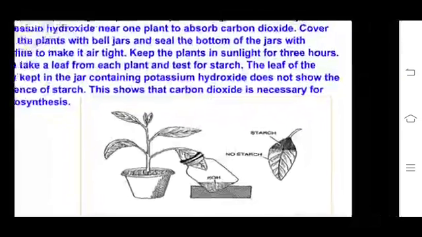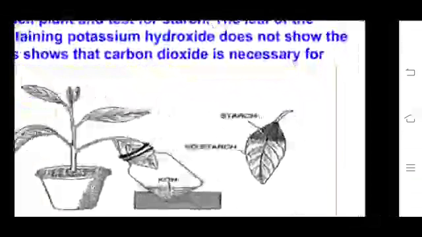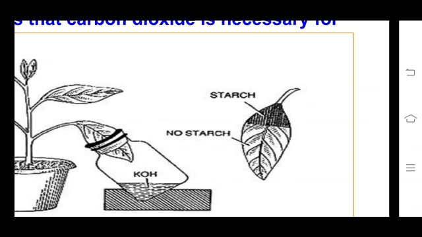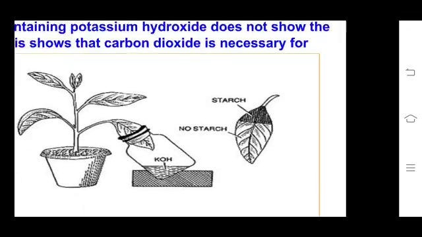Now you can see that the part of the leaf which is outside has turned blue black, the part of the leaf which is inside has not turned blue black, because the outside part is getting carbon dioxide and it is preparing starch. The inside part is not getting carbon dioxide, so not preparing starch. So from this what do you understand? Carbon dioxide is essential for photosynthesis.